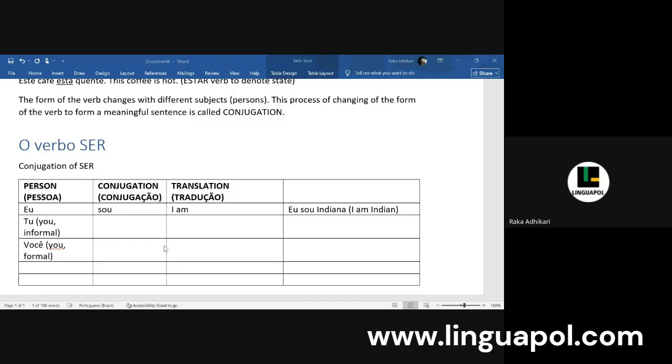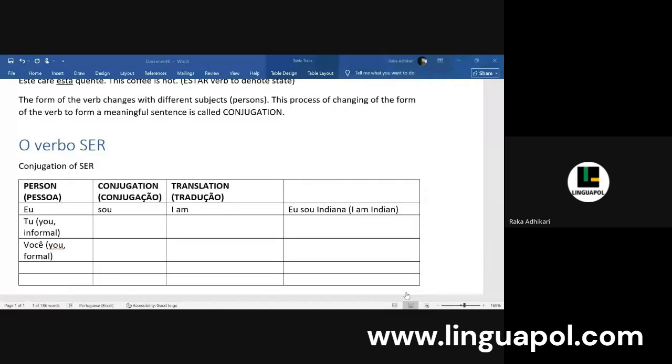When we are referring to someone else, we have two words to use. One is formal, one is informal. Formal is você, and informal is tu. Now, secondly, the subject tu will only be used in European Portuguese. In Brazilian Portuguese, we don't have a segregation like this.